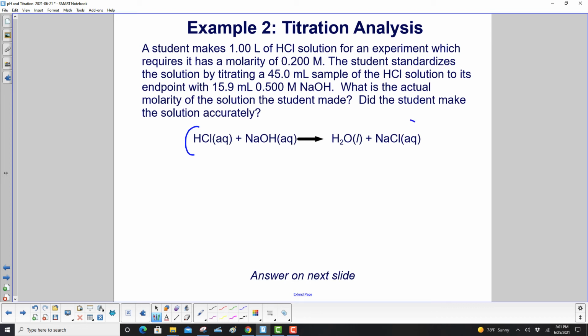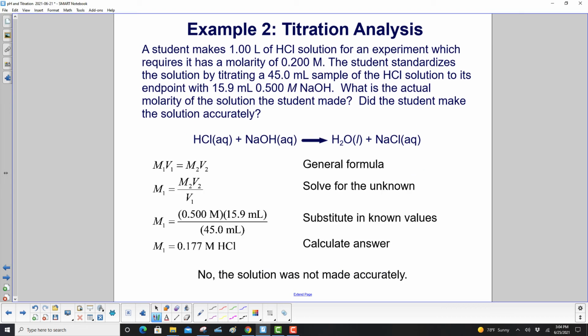And here's our reaction. We start with our formula, and M1V1 is going to represent the hydrochloric acid, and M2V2 is the sodium hydroxide. So we isolate M1 by dividing both sides by V1. We then put in our givens. And right here, this is for sodium hydroxide, that's the molarity and the volume.